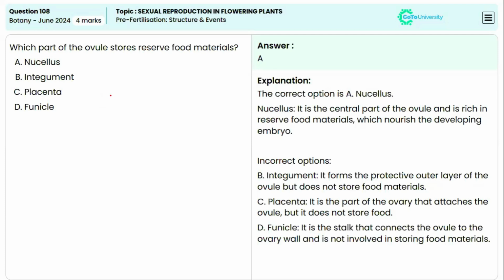Now, this question is from the year June 2024. And the question is, which part of the ovule stores reserve food materials?